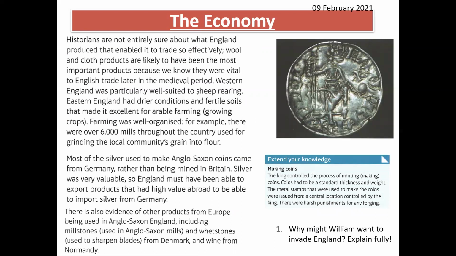So, I just mentioned the Anglo-Saxon economy. Since time immemorial, the Romans, the Anglo-Saxons, people came to this country because of basically two unique things: one, the climate, and two, minerals.